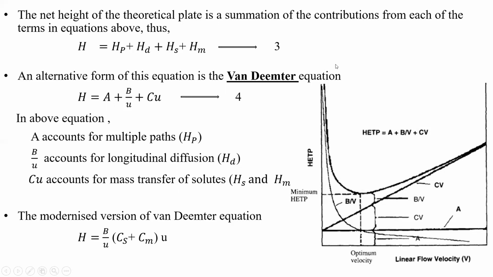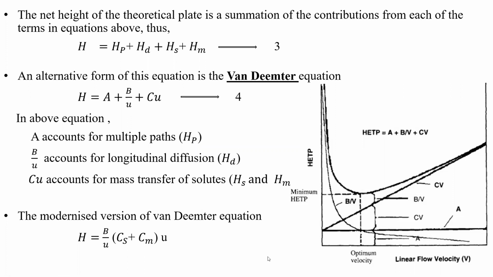The alternative form of this equation 3 is the Van Deemter equation, which gives H is equal to A plus B by u plus Cu, where A accounts for the multiple path diffusion, that is Hp, B by u accounts for the longitudinal diffusion, that is Hd, and Cu accounts for the mass transfer of solutes in the stationary phase and mobile phase, Hs and Hm respectively.